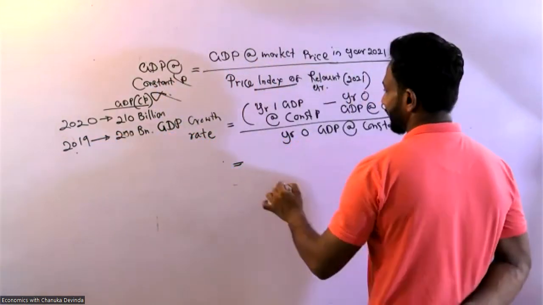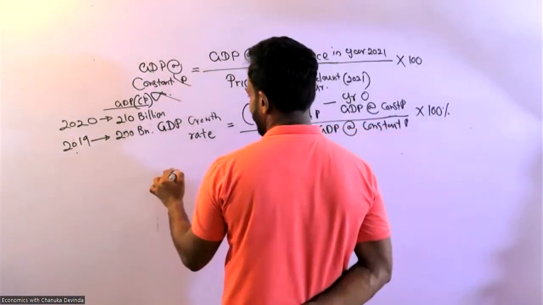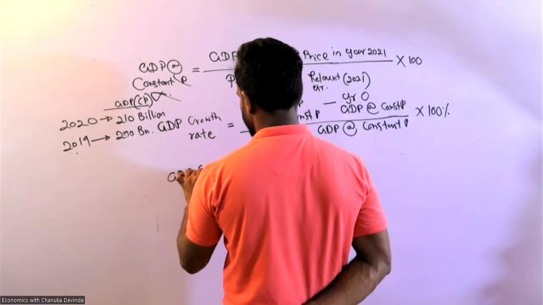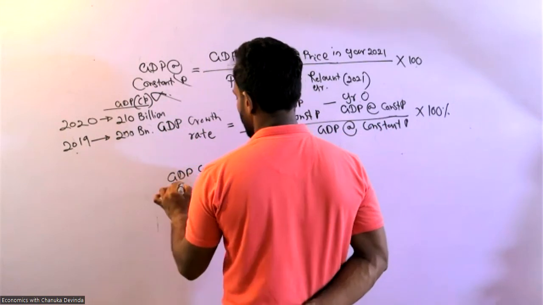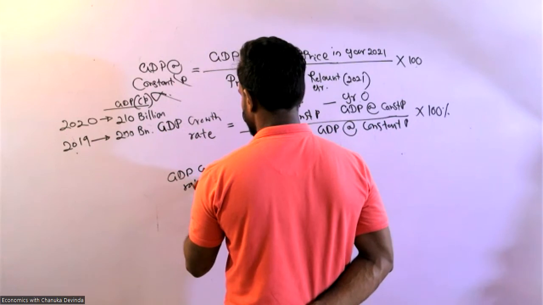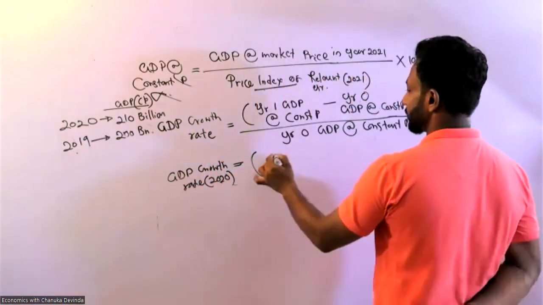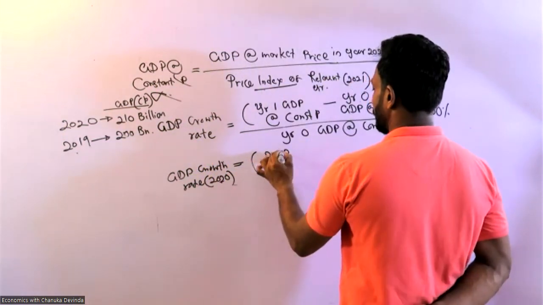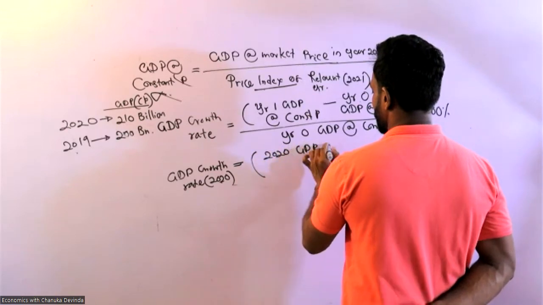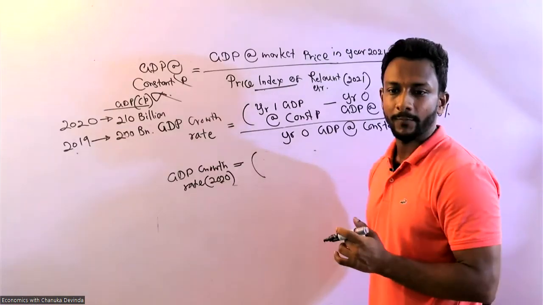So let's take the values. Year 1, so they are asking the GDP growth rate in 2020. So here year 1 is 2020, 2020 GDP at constant price.